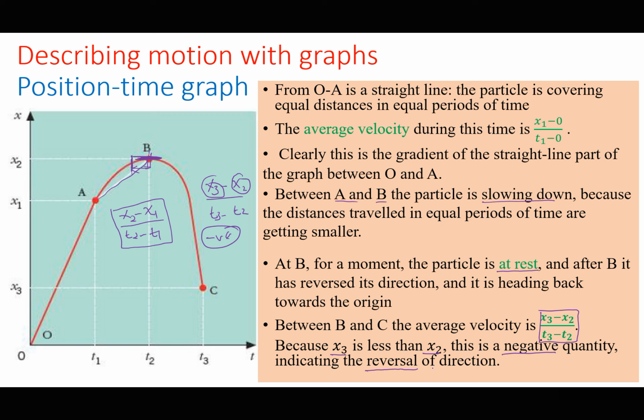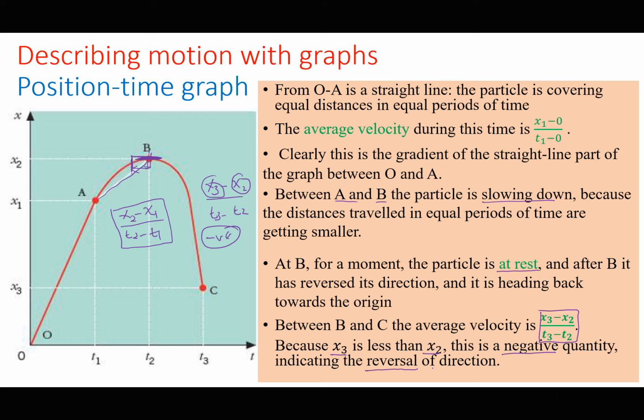So to describe the motion exactly, many times we shall need to know the particle's velocity at every instant in most cases. So that's why I would divide this motion into, say, 3 parts. Between O and A it is a straight line, so the motion can easily be described as uniform velocity or uniform speed.